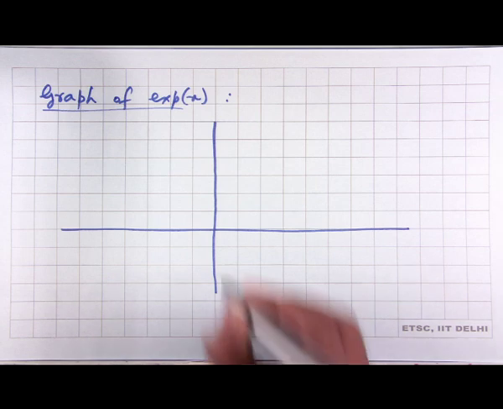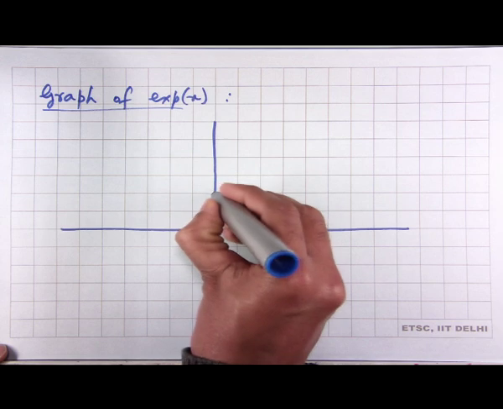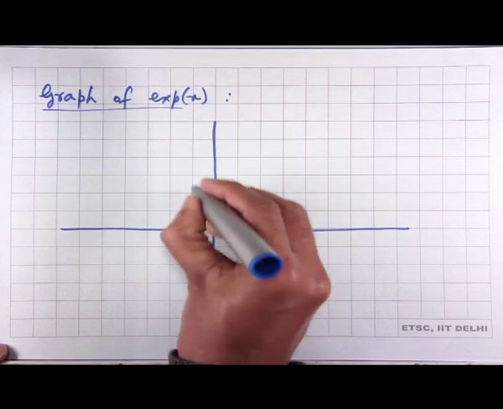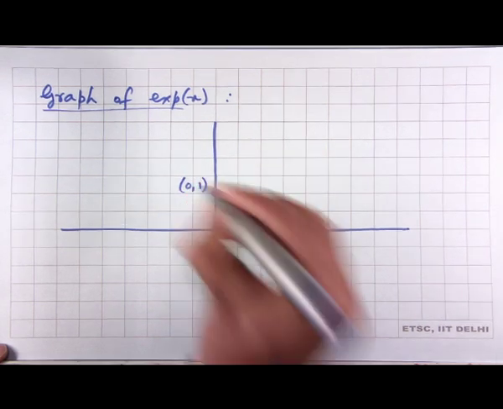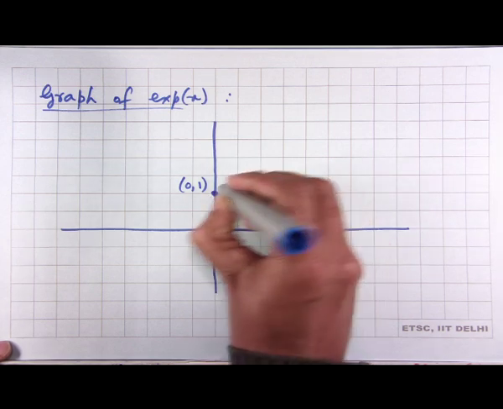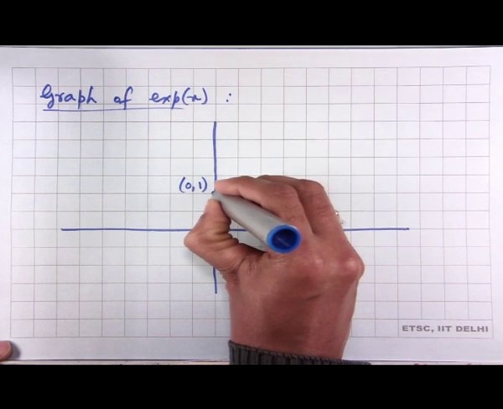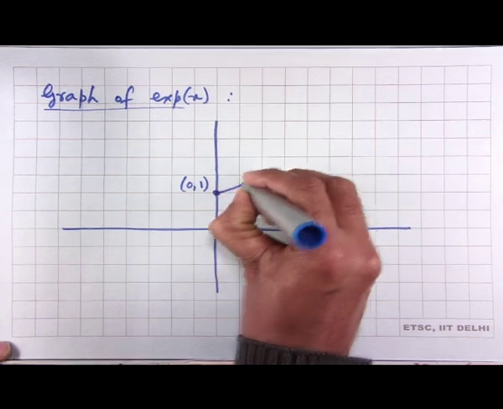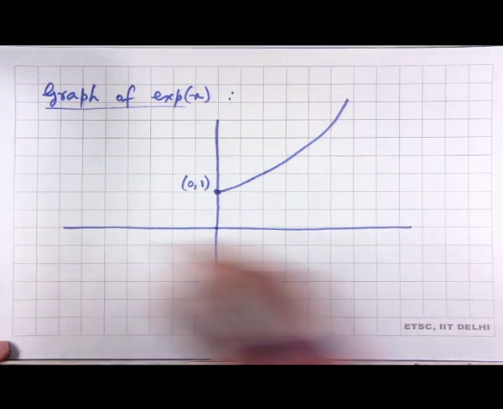So, we know that exponential x is defined for all x. For x equal to 0, this is 1. So, I have 0 comma 1, and this is an increasing function. So, as x increases from 0, this will keep on increasing, and it goes to infinity as you go to positive infinity.